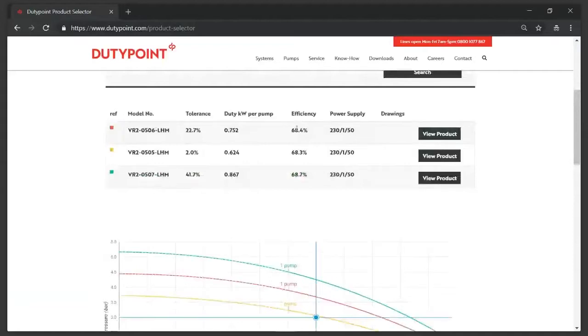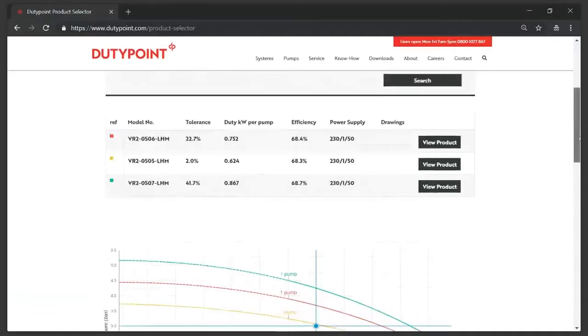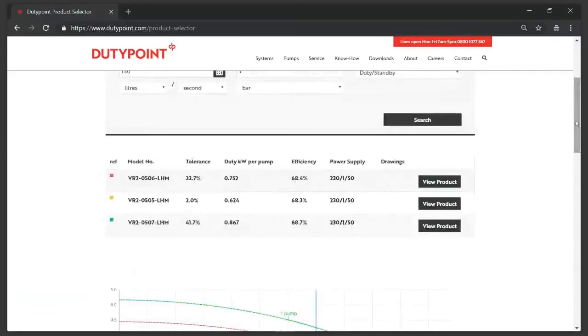Now, one point I would make about efficiency is that quite a lot of manufacturers have been talking a lot about efficiency, which is great, but this percentage can be slightly misleading when you're looking at pumps. What this percentage is, it is the percentage of what's called a pump's P2 value as a function of its P1 value.